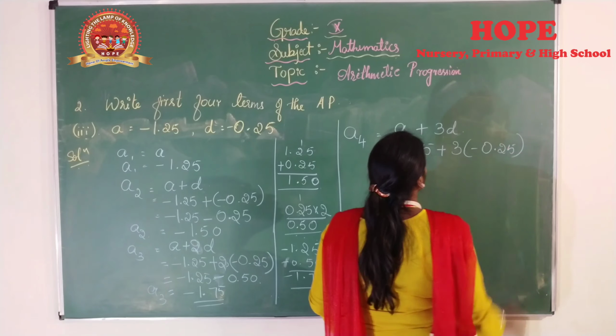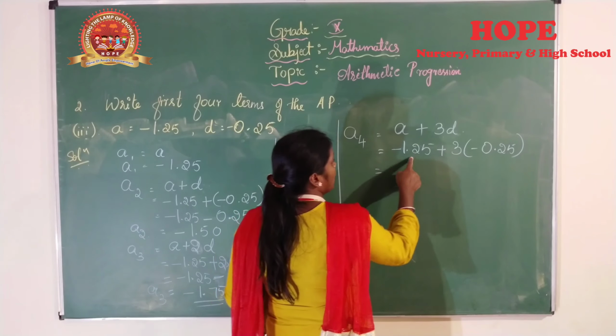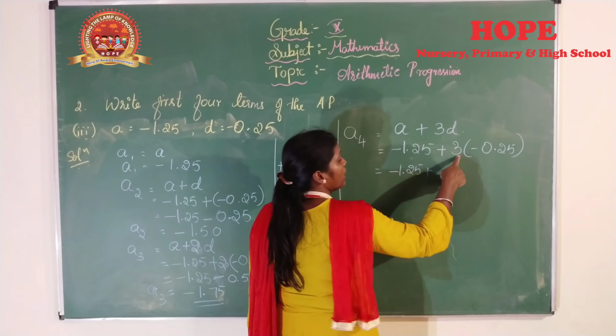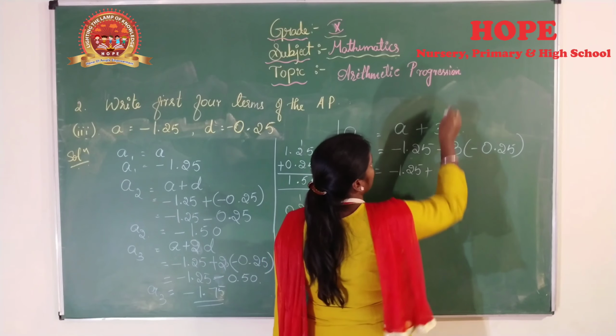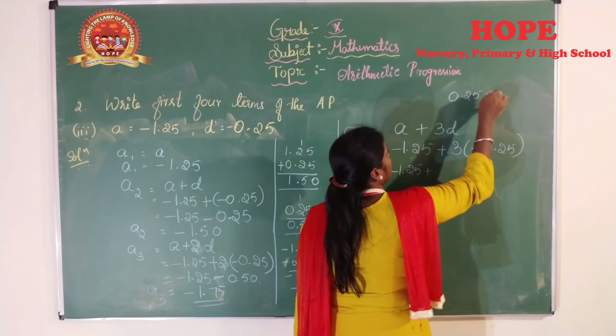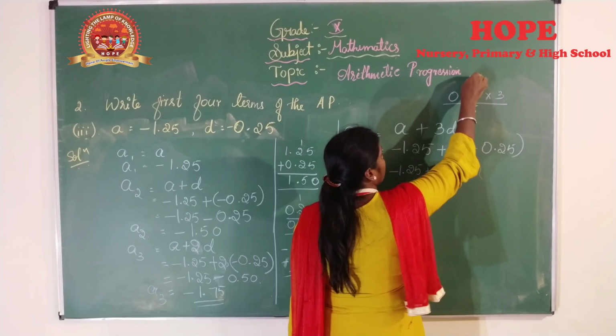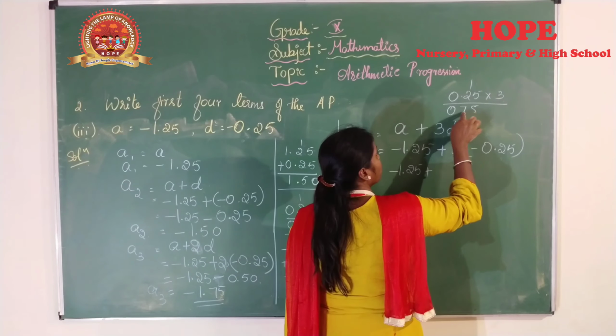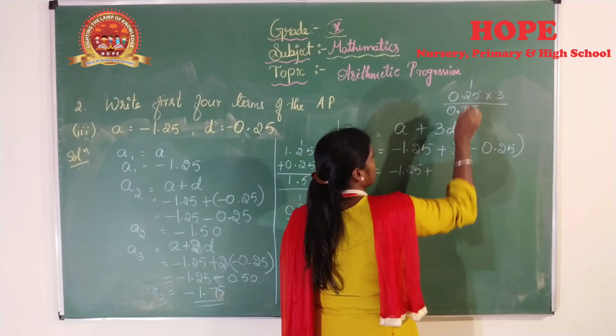So here minus 1.25 as it is, taking down, 3 into 0.25. When we calculate 0.25 into 3: 3 5s are 15, 3 2s are 6 plus 1 is 7, and after 2 digits we place the decimal point.